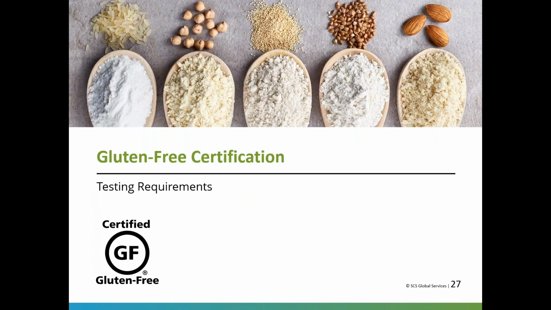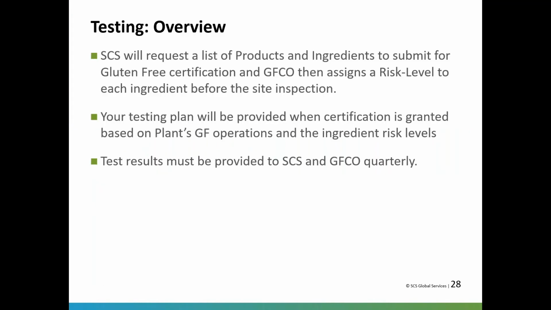Okay, great. So let's talk a little bit more about testing. We're going to initially request a list of products and ingredients to submit for gluten-free certification. We'll send that list to GFCO, and they then assign a risk level to each ingredient before we come and do the site inspection.